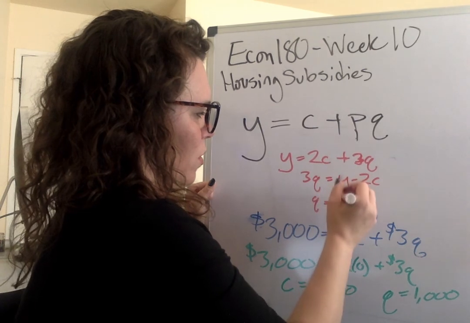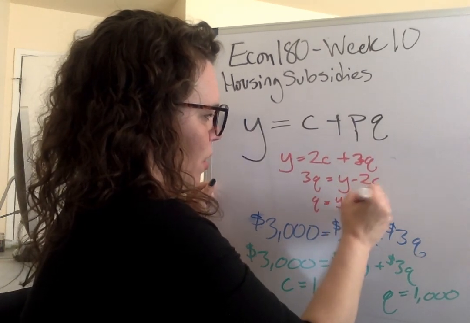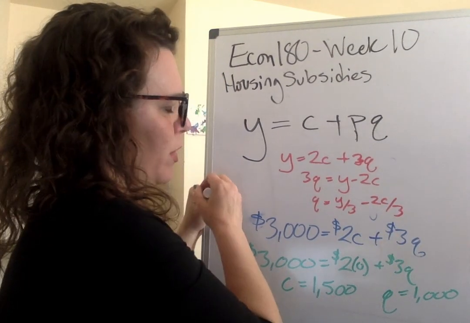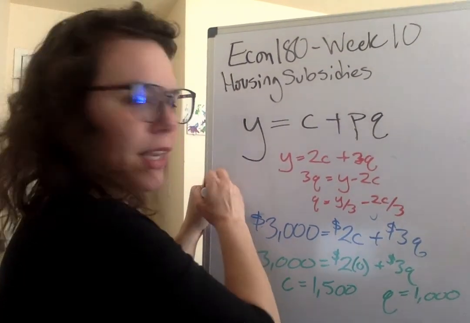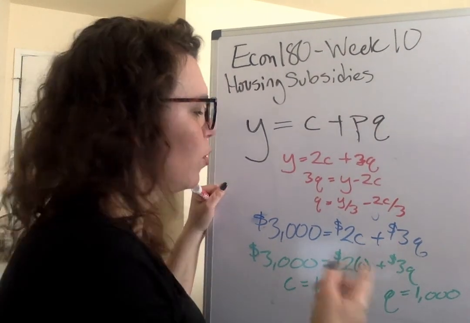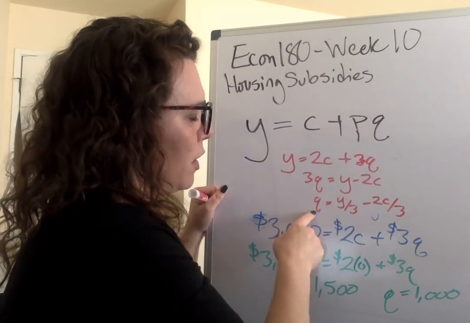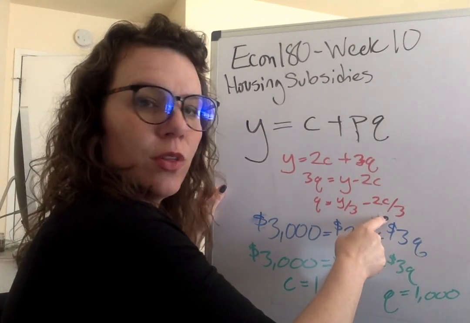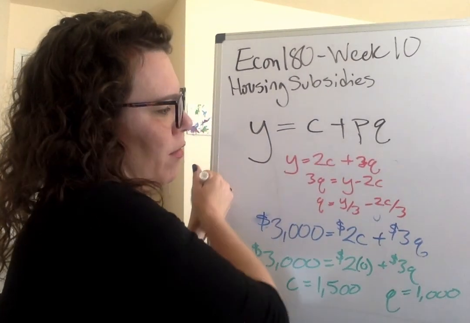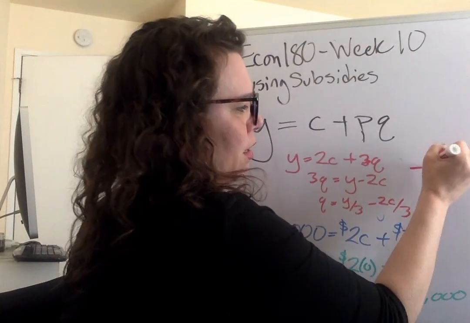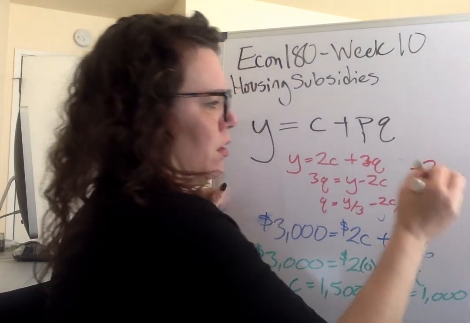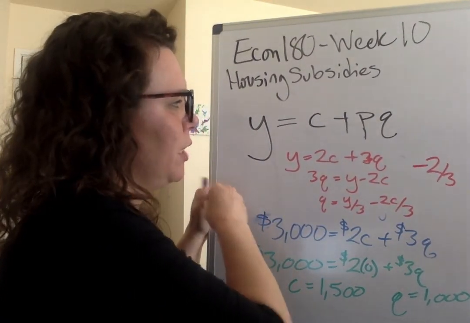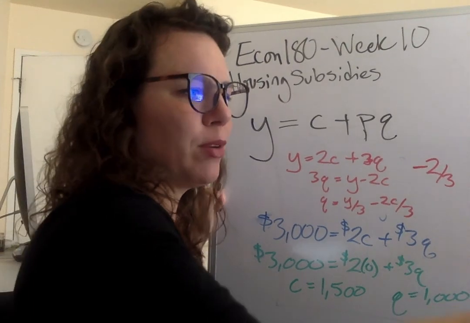Q equals y divided by 3 minus 2c divided by 3. So we could simplify that and say, if this is y equals mx plus b, like slope-intercept form, then I'm looking at q is equal to some intercept and negative 2/3 c. So the slope of this line is going to be negative 2/3. It's a little bit different from what the book did, but it's the same exact format. It's just different because I put numbers in.